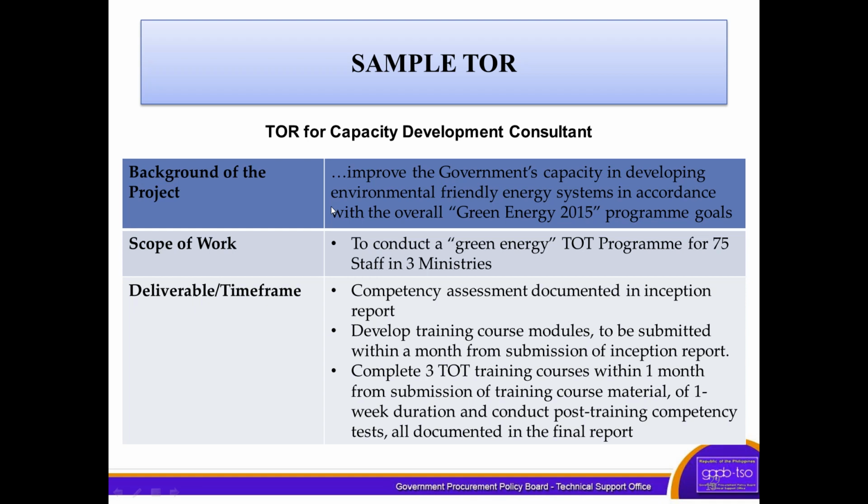And then for the scope of work: to conduct a green energy TOT program for 75 staff in 3 ministries. On the scope of work, all the activities are quantified, at a specified place for the activity. And then the deliverables or time frame.